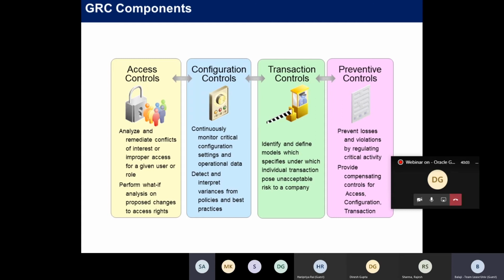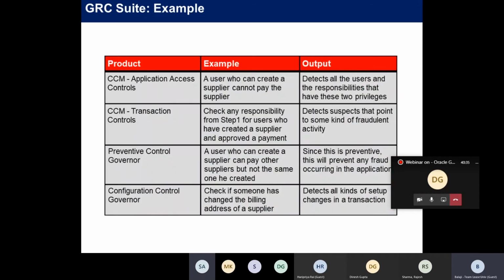If you take the lessons from the access control, configurations control and transactions control deviations, and discuss with your audit team, systems team and security team, and the company wants to prevent it in the future, then in the preventive controls we have four controls under it. We will use one of the controls to control the action in future completely. This can be done for a group of people, a set of applications, a particular user or a particular department. We'll be able to configure that way.